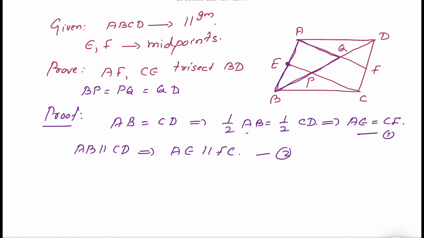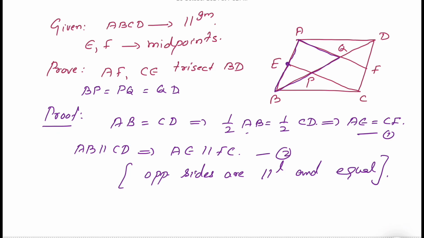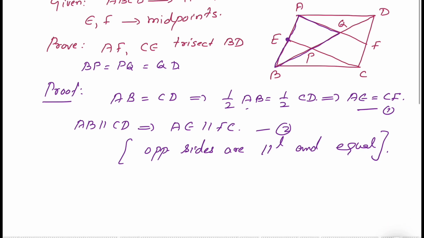The reason for this is opposite sides are parallel and equal. So AE is parallel to FC and AE equal to FC.